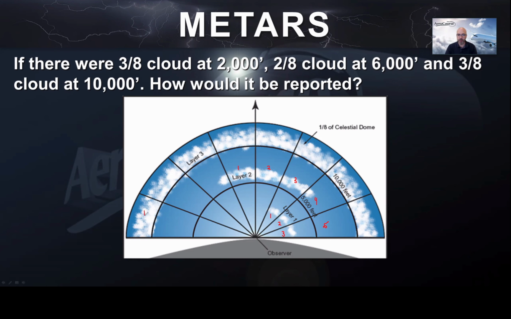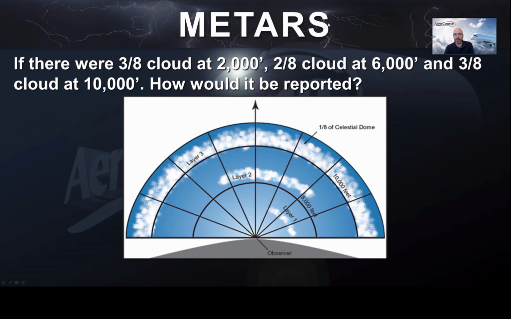So let's look at layer 3. We can see 1, 2, 3. So the machine could report it as scattered, but it doesn't know what's hiding behind the lower layer. So it's going to count 4, 5, 6, 7, 8 oktas, because they're all obscured by the lower layers. Now in this case it's correct, but it very well could have been another scattered layer. You don't know. It's a summation.